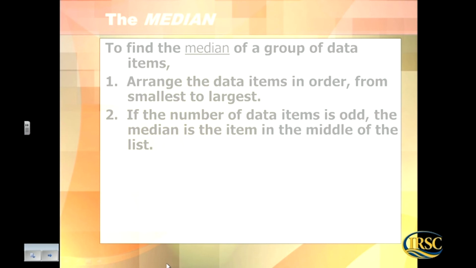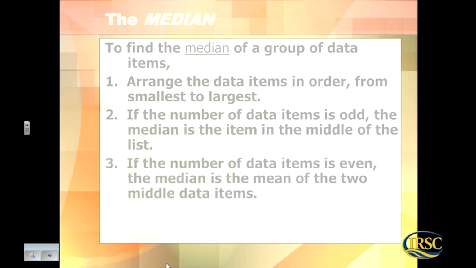Okay, so put them in order from smallest to largest, and you're looking for the exact middle of your list. Now, if the number of items is even, you don't have an exact middle. You have 2 numbers in the middle. So in that case, you want to take the mean of the 2 middle data items. So you're going to average those 2 middle numbers together.